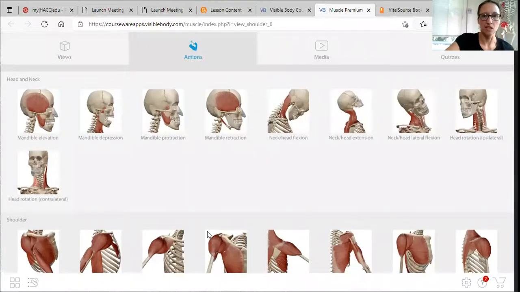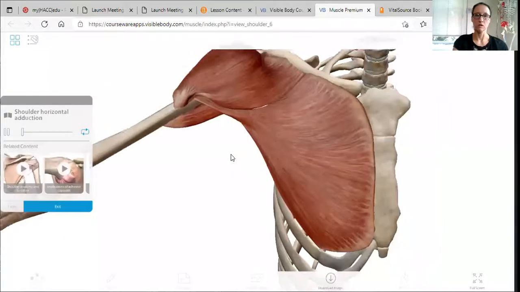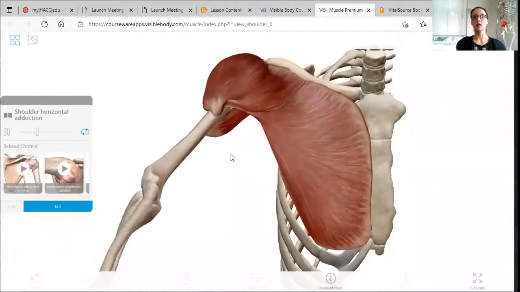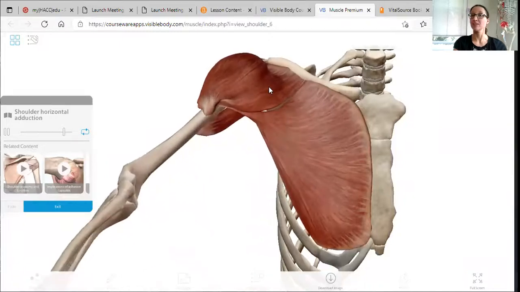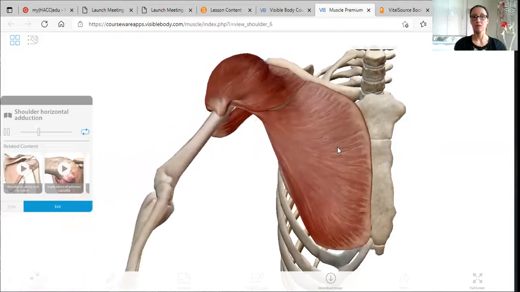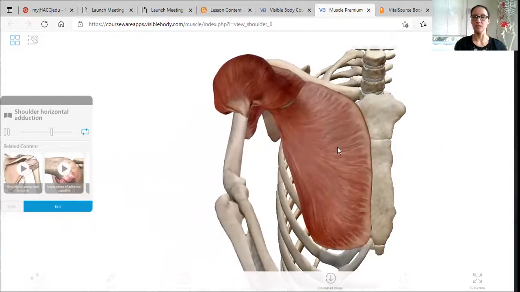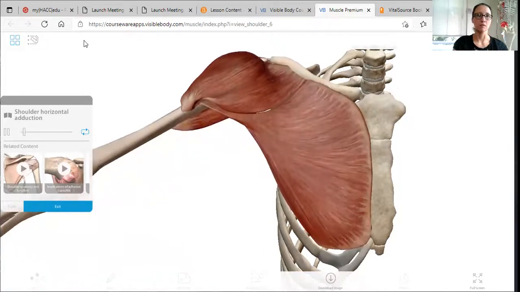All right, let's just go into actions. This will be fun. All right, so here's horizontal adduction. You can see, again, anterior deltoid and pec major here. Horizontal adduction. Easy to see, right?